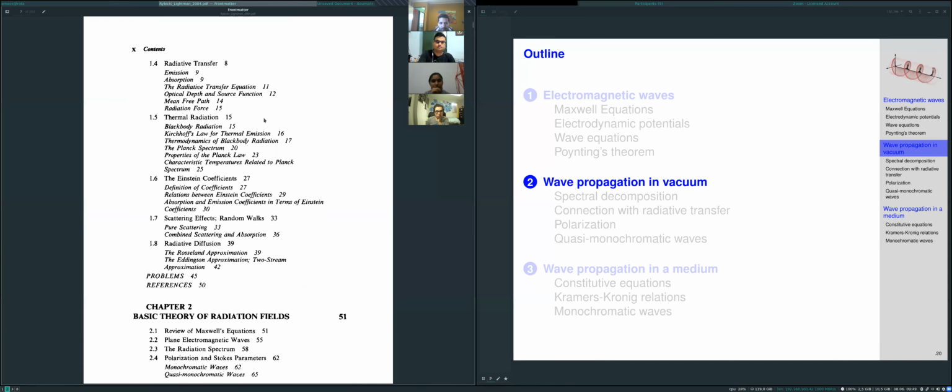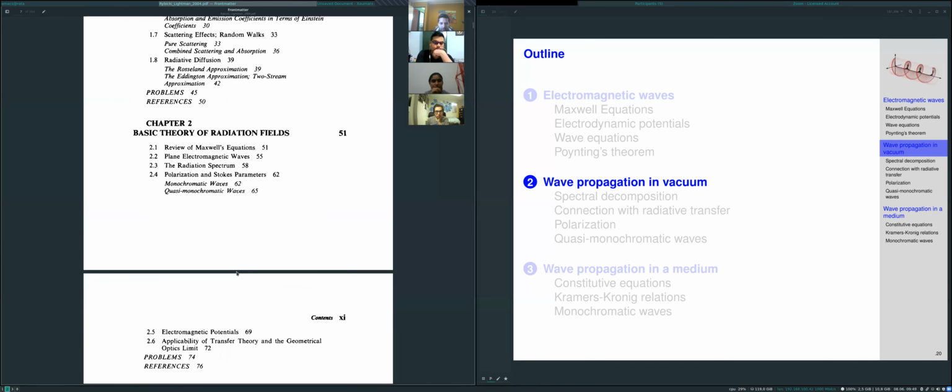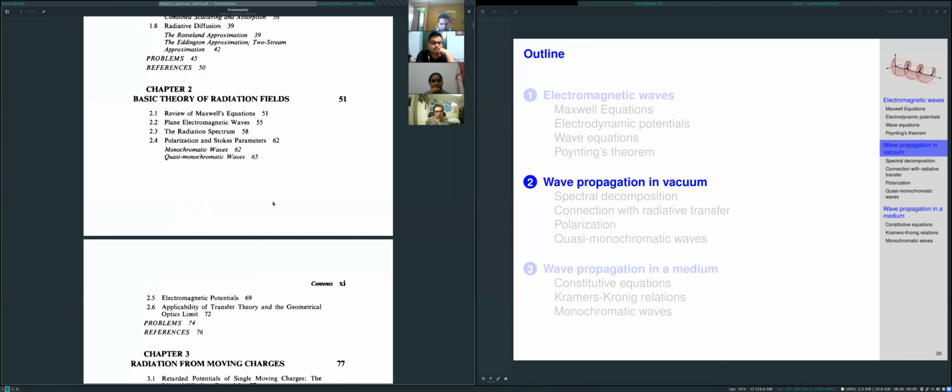The first chapter was around 40 pages, and this one is around 20 pages. So we'll go very quickly through it, and it's important to focus now on this idea of quasi-monochromatic waves. This is a quite subtle topic, that of polarization, and it's crucial in astronomy.